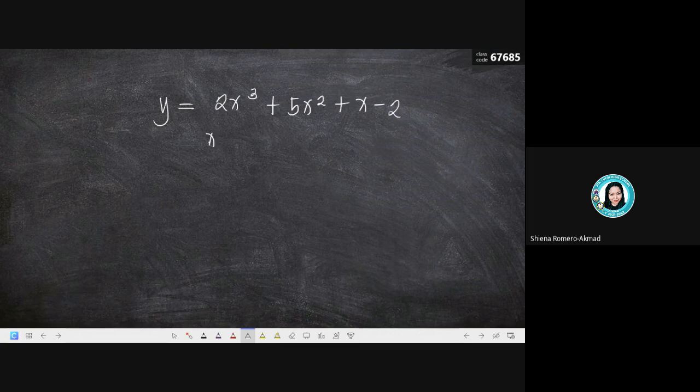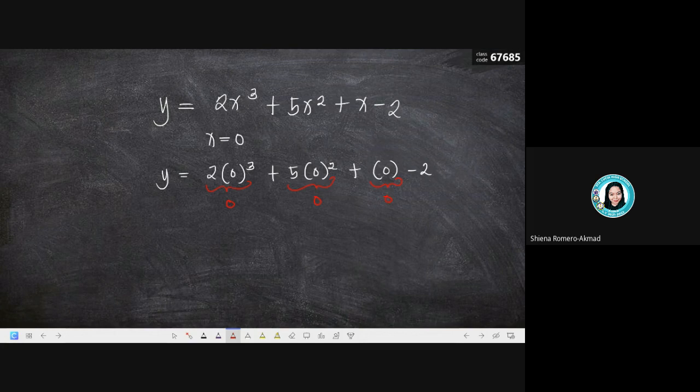Let x be 0. So, y is equal to 2 times 0 cubed plus 5 times 0 squared plus 0 minus 2. So, automatically, pag ganito, nakikita nyo na ito, 0 na agad.